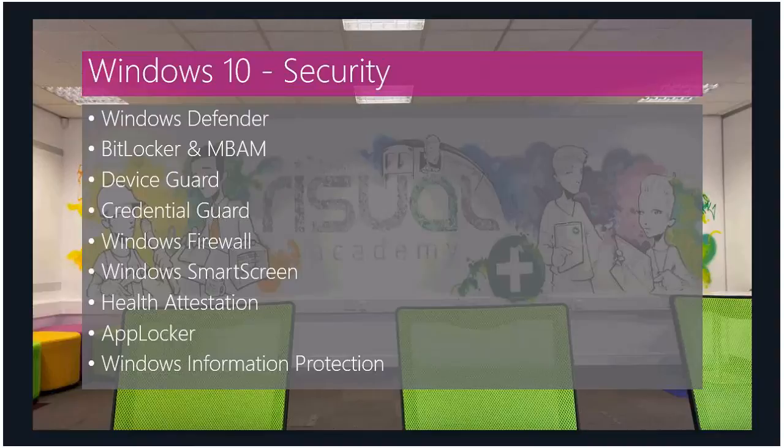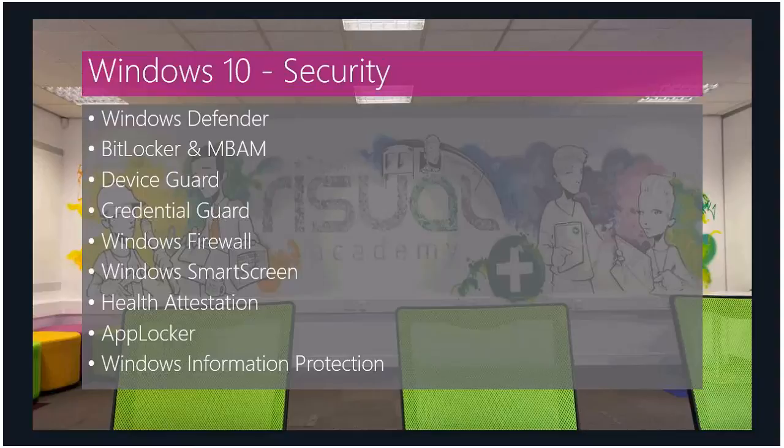Your credentials would be separated from being available within the operating system. So once Windows is loaded, your credentials are separated and not available to things like pass the hash attacks. And that's essentially how Device Guard works as well. It provides a way to lock down trusted apps from malware. According to research, 90% of malware comes through unsigned applications.